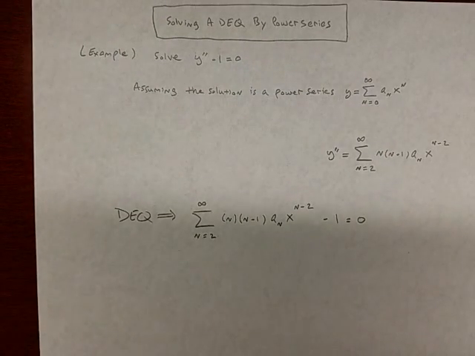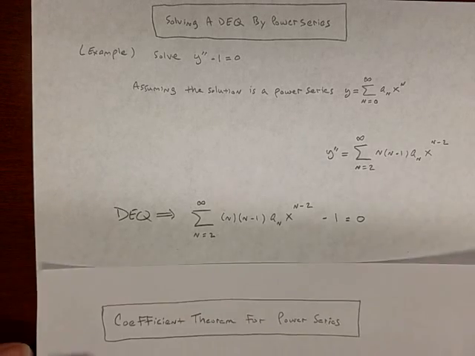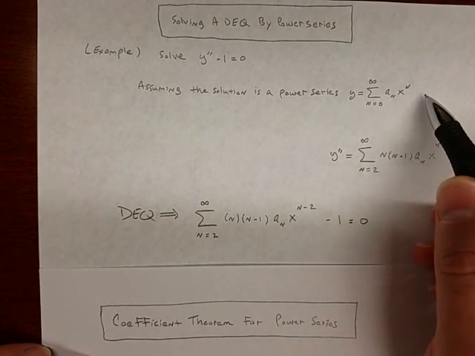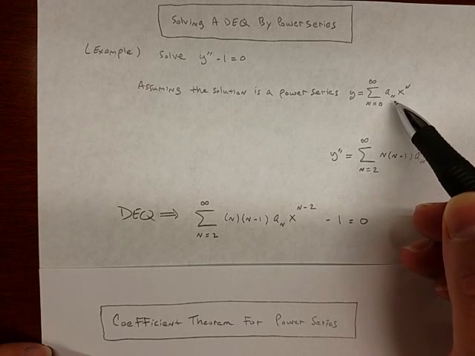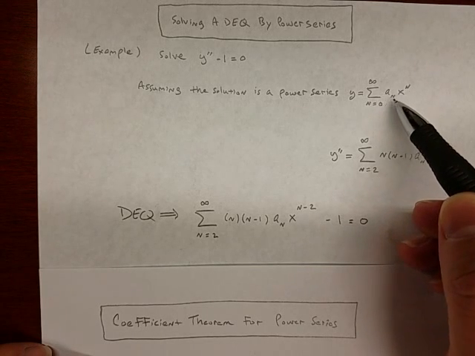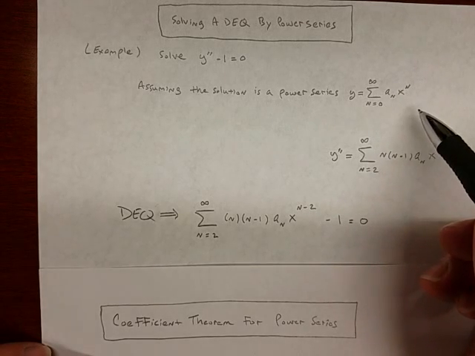So what do you think you do with that? Well, I guess knowing the solution here would just amount to knowing those coefficients. If I knew what they were, I'd have it.